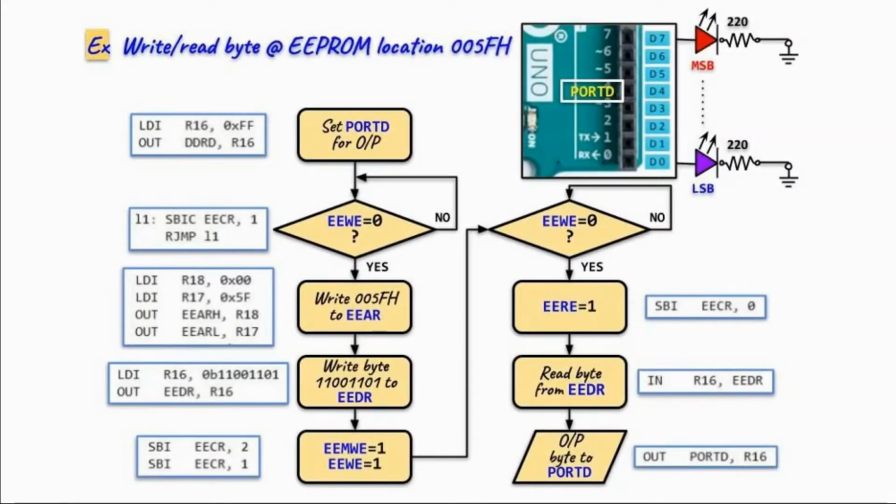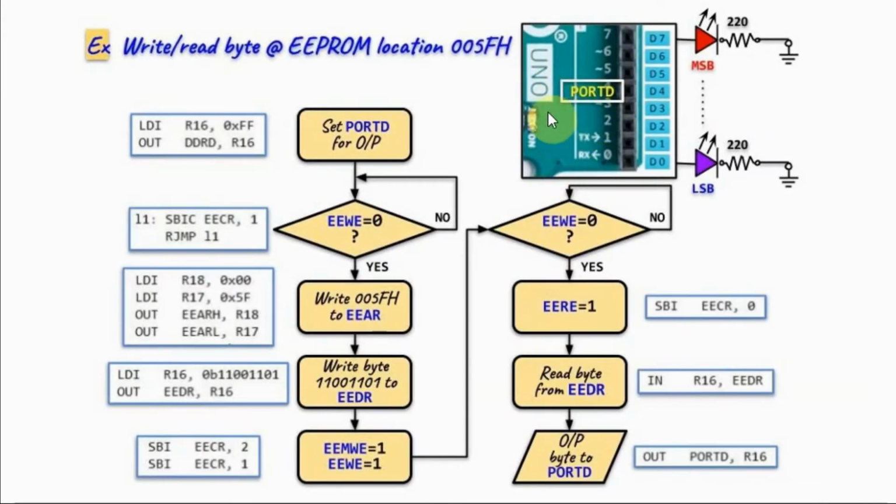And for the read operation, we once again check the status of control bit EE write enable. Once it is 0, then we can set the EE read enable bit and then read the byte from the data register and then output the byte to port D.